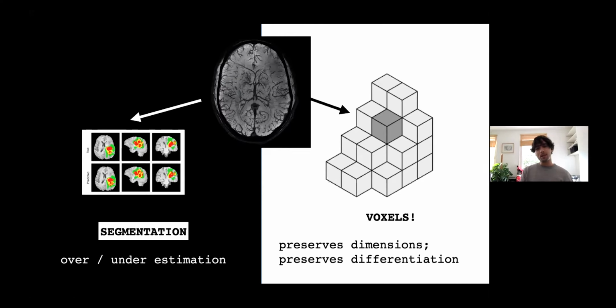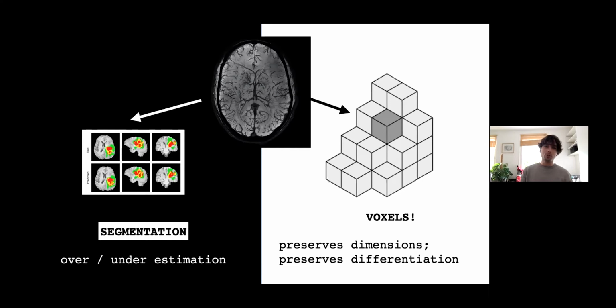So you have to identify a structure, and then you'd have to go through each slice of imaging, identify the structure, do that throughout the image stack, and then you'd create a 3D model. But obviously you lose the rest of the data. You can over or underestimate the size of the structure. And you can imagine if you're, say, modeling a tumor or something, then an over or underestimation can make a difference to surgical planning.